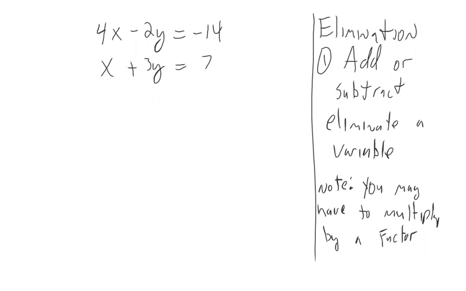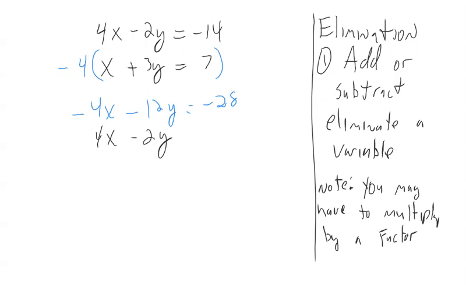But if I multiply the second equation by -4, the entire equation, right? I will get -4x minus 12y equals -28. Then I bring the first equation down, 4x minus 2y equals -14.